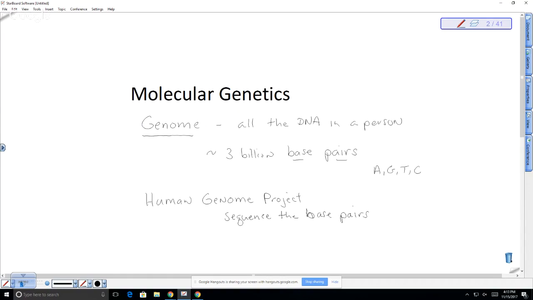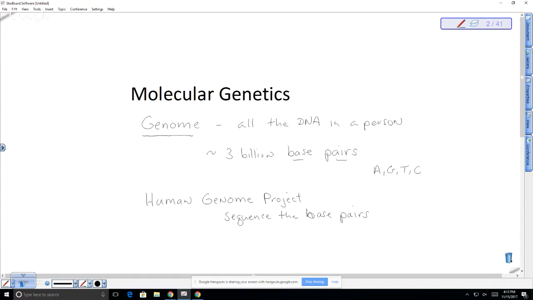And obviously we had to pick one person to do this with, but we kind of assume that that person is going to be pretty similar between people, specifically in really important sequences that code for important proteins. Although there is going to be variation between people. Well, we know variation is important, but we don't know how important that is.